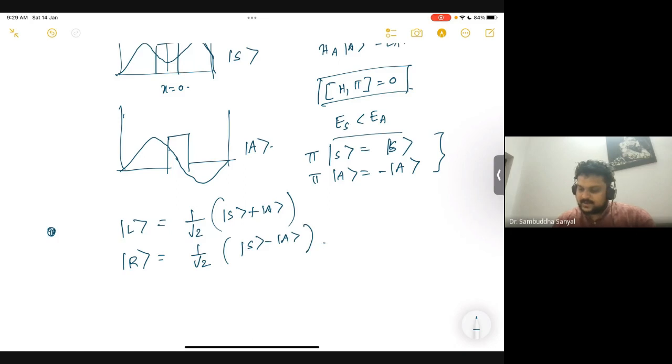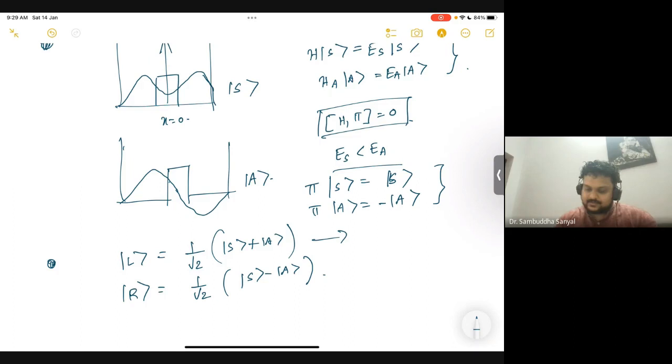One case is that I add these two. So the L state is this, which asymptotically goes to zero because the well is not infinite, and the right state is this.